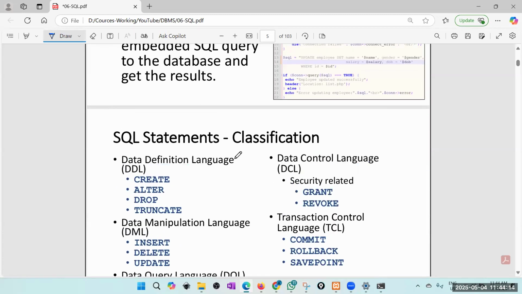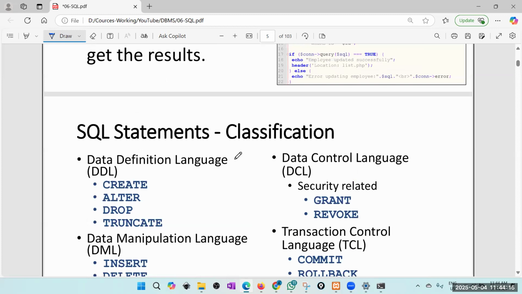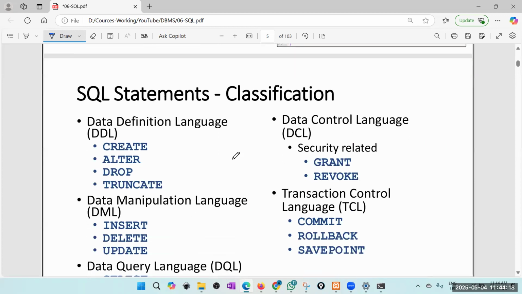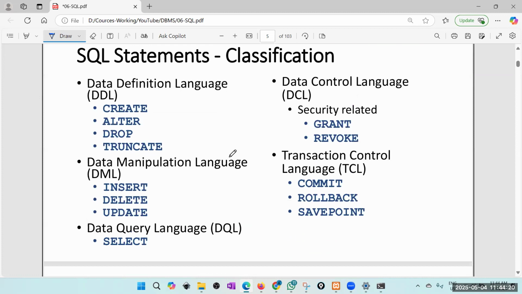Right. We can classify SQL statements. Of course, SQL is SQL. This is just for our convenience. Some SQL statements we can put into DDL. Some statements we can say, okay, those are DML statements. Some SQL statements are called DDL or data definition language SQL statements.